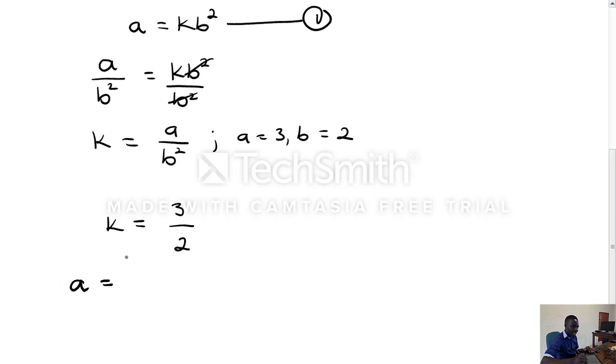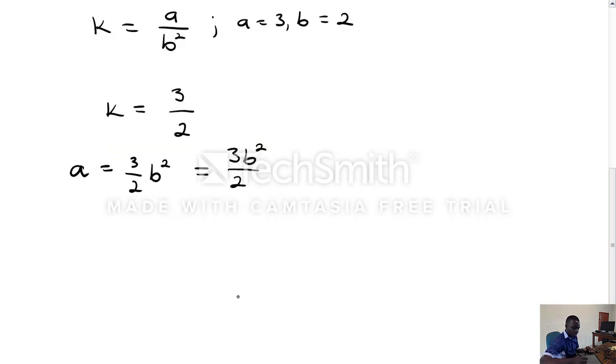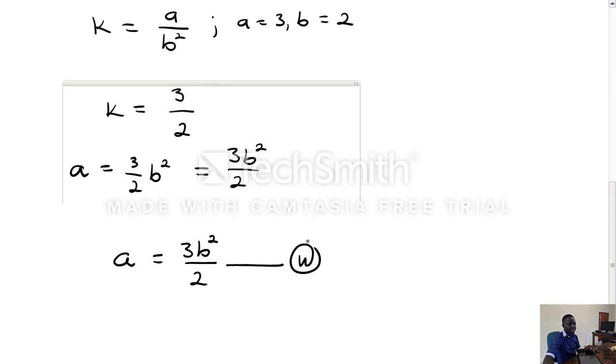Instead of writing k, I'll then write 3 over 2 b squared, which is equal to 3b squared over 2. So my relationship now is a is equal to 3b squared over 2. So this is the relationship between a and b.